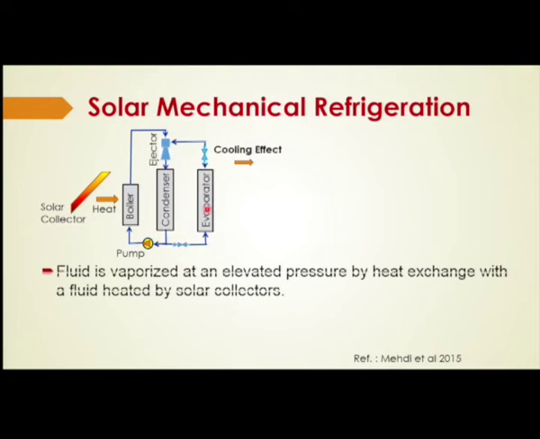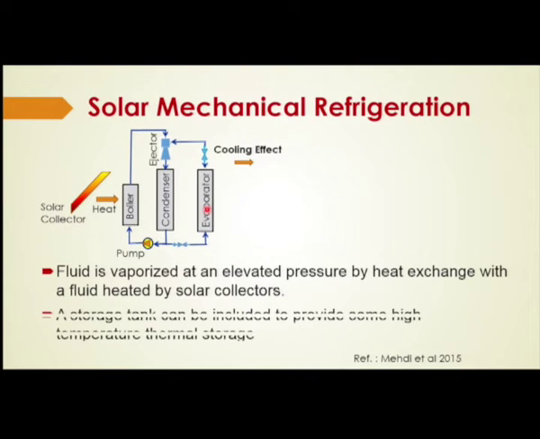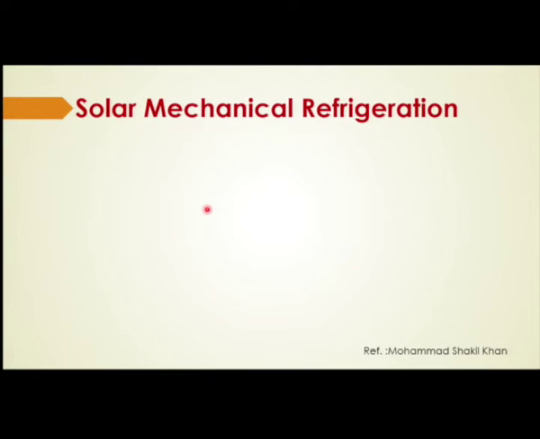And in this case, the fluid is vaporized at an elevated temperature by a heat exchanger with fluid heated by solar collectors, and a storage tank can be included to provide some high temperature thermal storage.